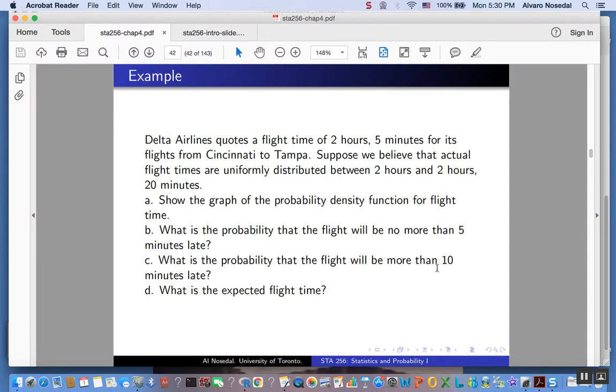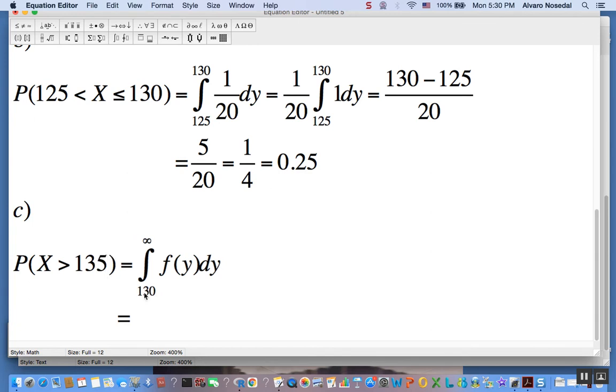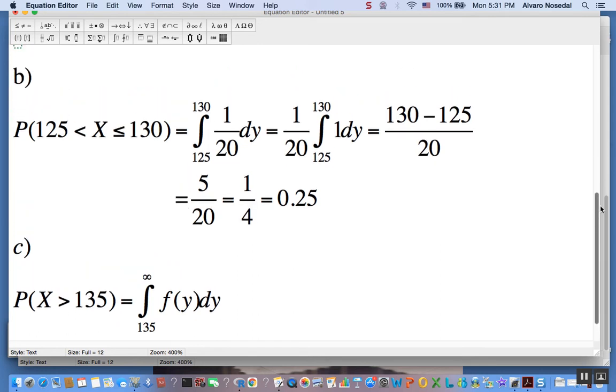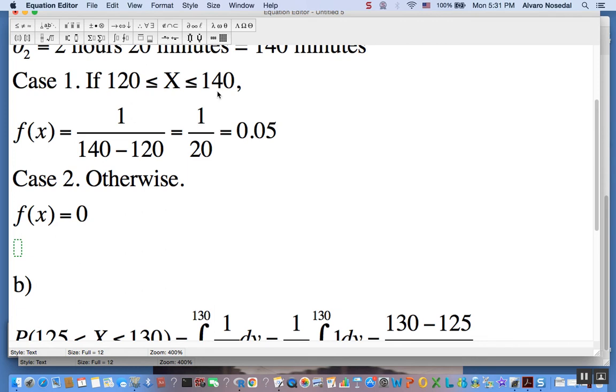So more than 10 minutes late should be 125 plus 10, that would be 135. Sorry about that. So from 135 to infinity of the PDF, and as I was saying, we know that we have two cases, so the PDF between 120 and 140 is going to be 1 over 20, but elsewhere it is going to be 0.